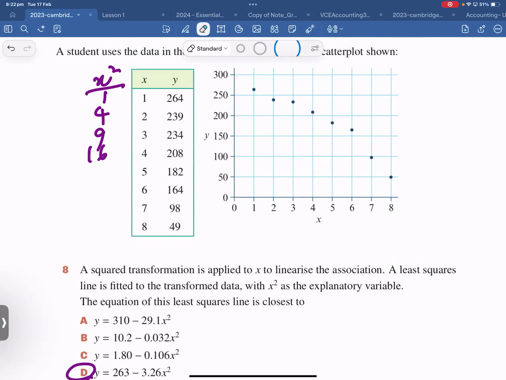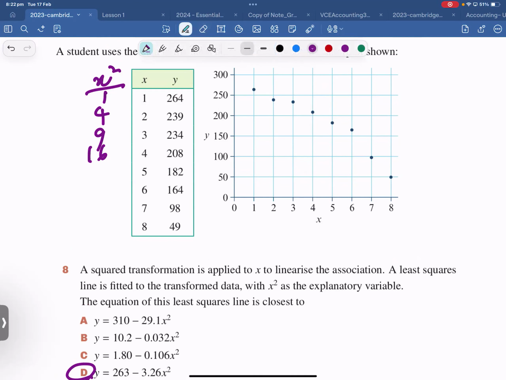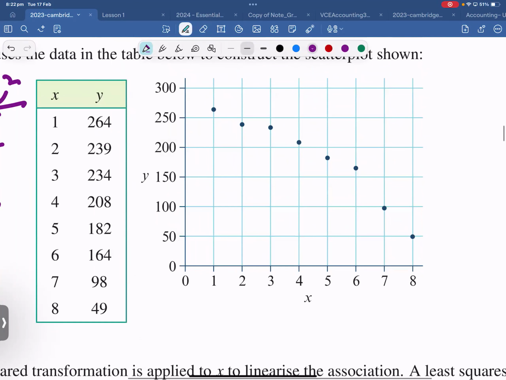Your point is correct. But the problem is, Krishan, when you linearize, we can't say exactly. So this is 264, that's correct. Then we can imagine something like this.